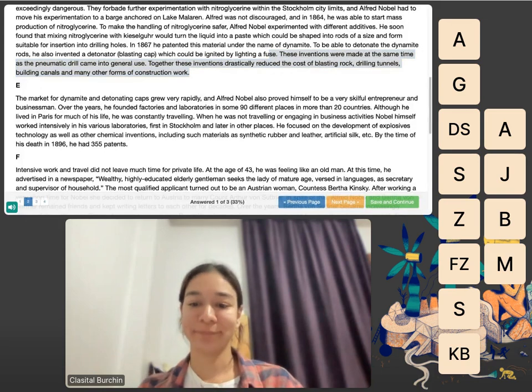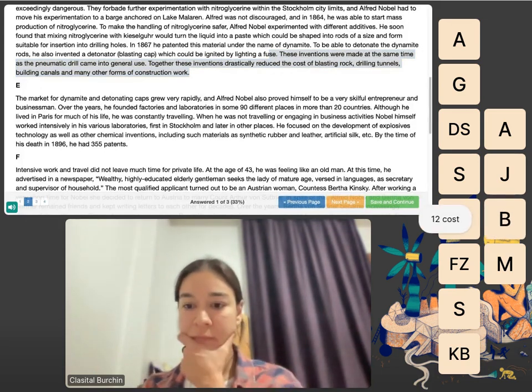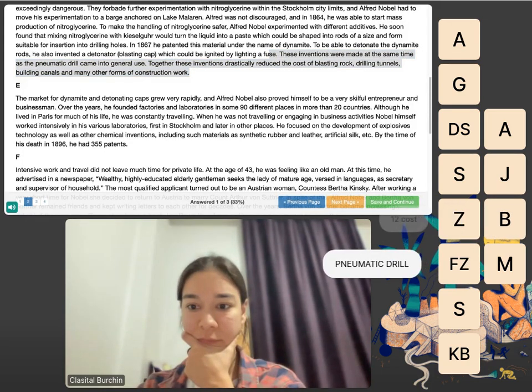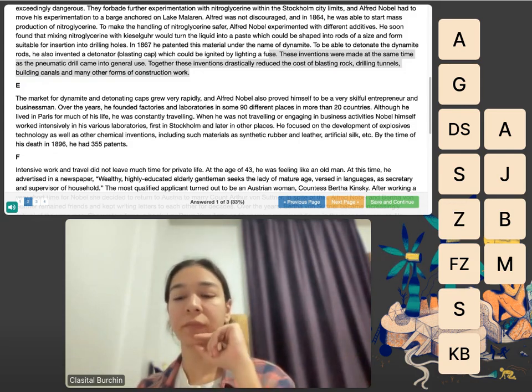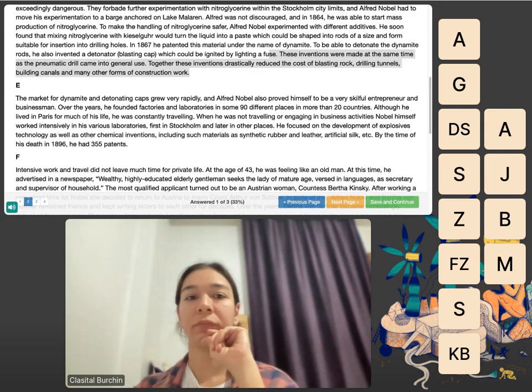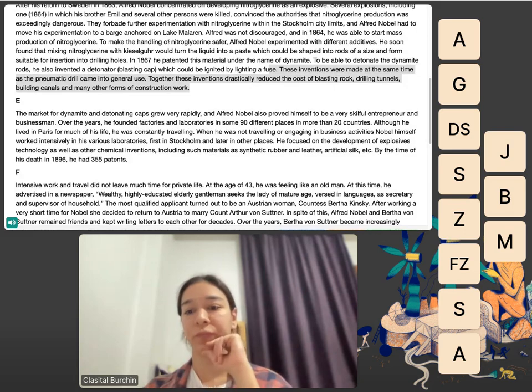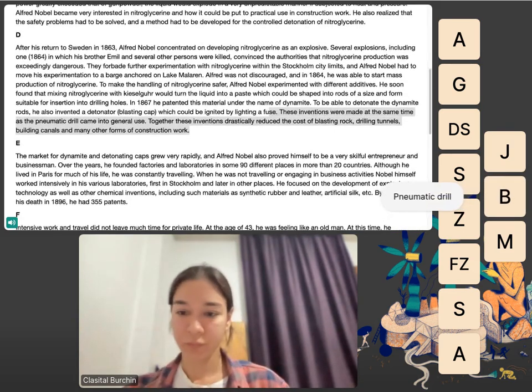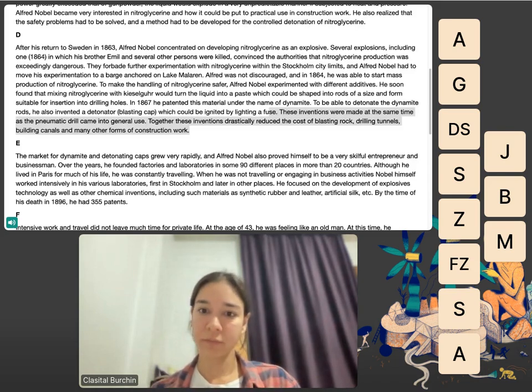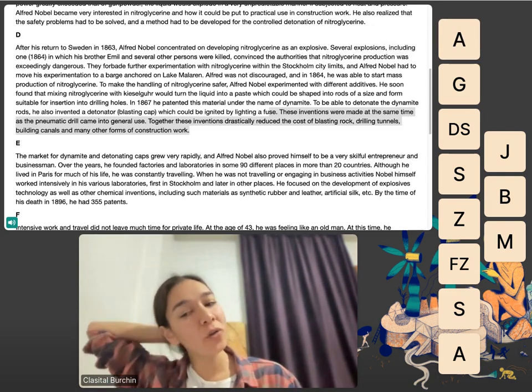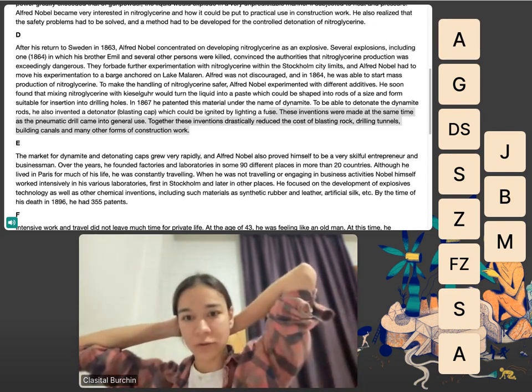What do you think? Very good. Costs, yes. They lower the cost of construction works.